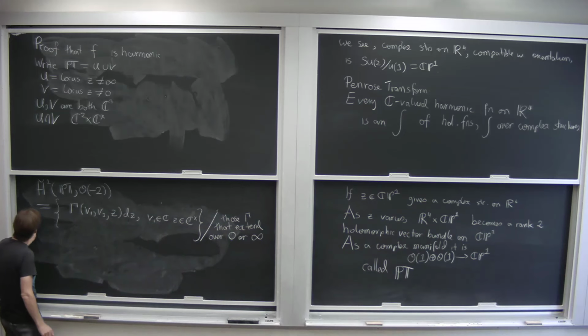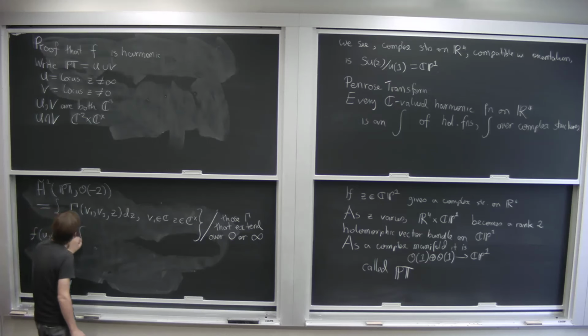So this f of x, I'll write it as f of u, u bar, is then the contour integral over the locus z equals 1 of gamma.